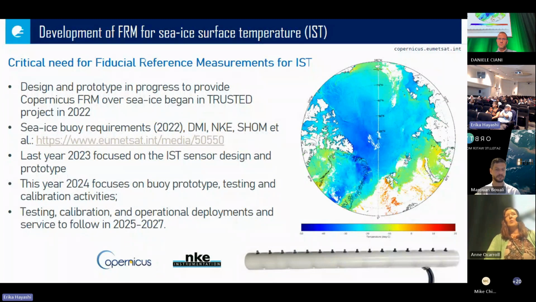So in the end, I think we'll probably end up with an SVP type of buoy with the probe attached. And then the aim is to do, in 2025, further testing and calibration with operational deployments beginning in 26 to 27. So that's answering Sandra's question earlier.